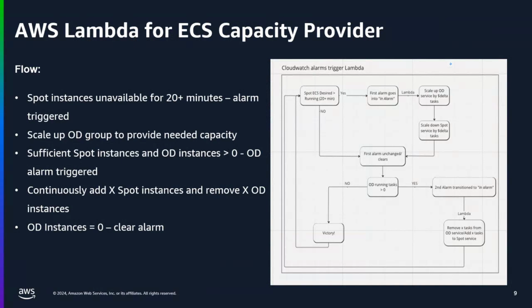Now that is reduced to 3 minutes, just because of reducing the hops. Previously, ECS was sending an API call to the third-party solution, it was scaling up, and then it was going back to AWS. Now we have reduced the latency hops. So from 5 minutes we reduced to 3 minutes, a 40% performance improvement.